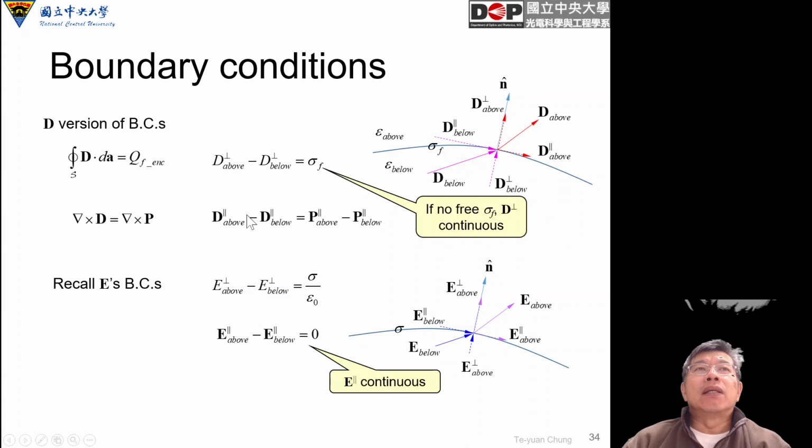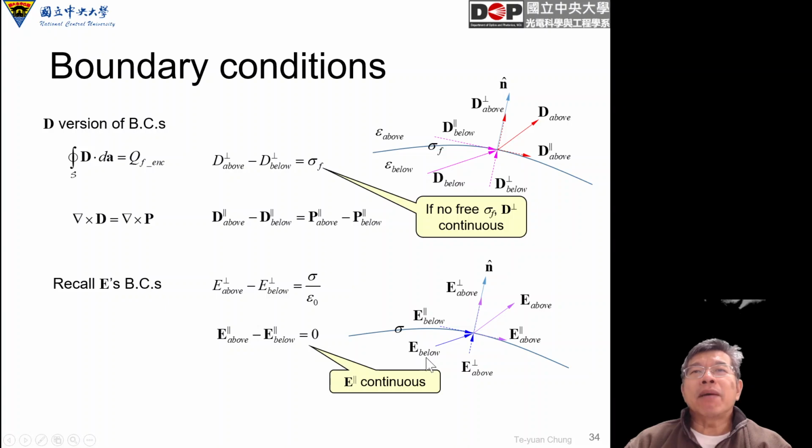And the later part is the boundary condition, because in the previous chapter we talked about the boundary condition for E. This is something you should be aware of again. On the boundary, if there is surface charge, we separate the electric field, the field above and below.